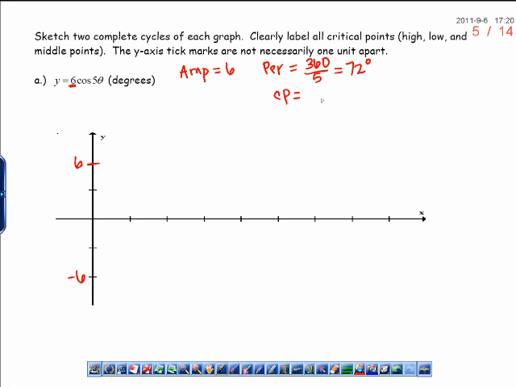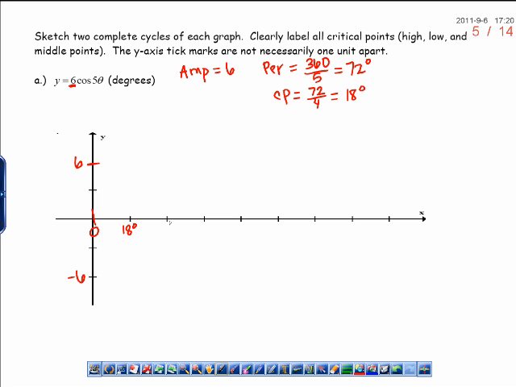The other way that I'm going to show you to make sure you've sketched 2 complete cycles is to find the distance between the critical points. So remember, you take the period, which in this case is 72, and divide that by 4, because there are 4 parts, and that equals 18 degrees. We're going to start at 0, and go 18 degrees, and you do need to write all of these out.